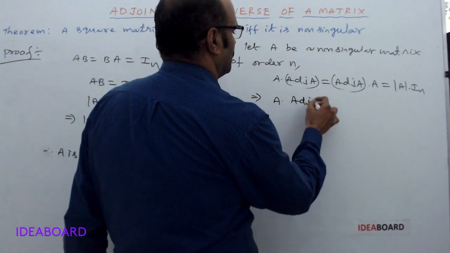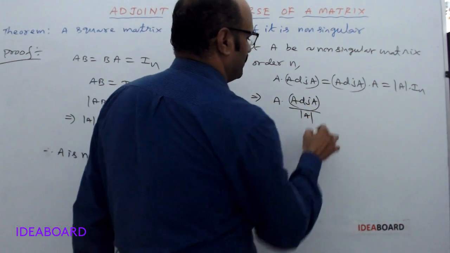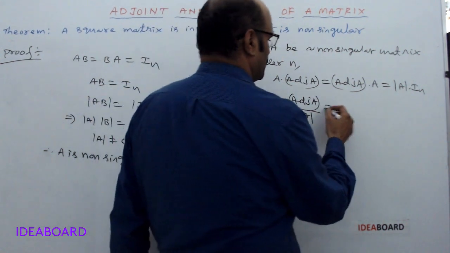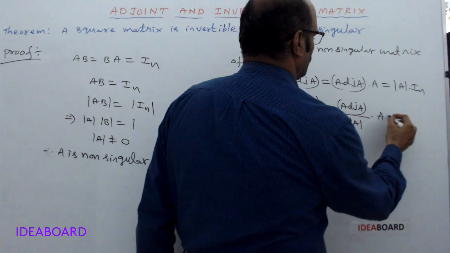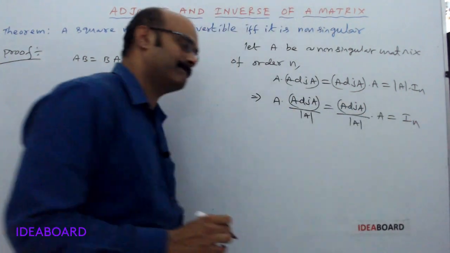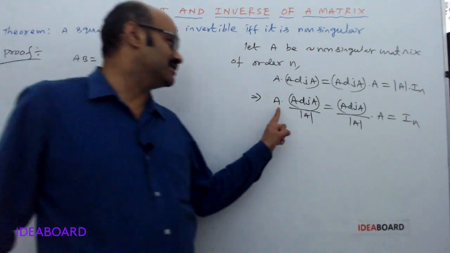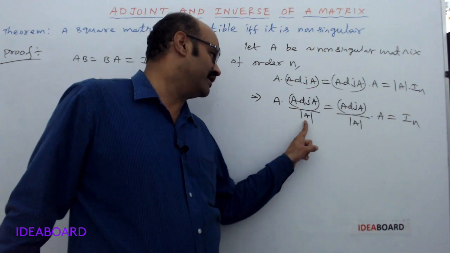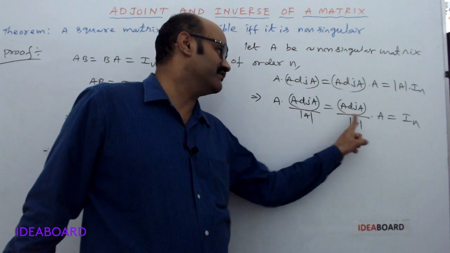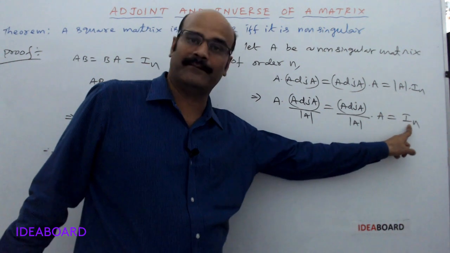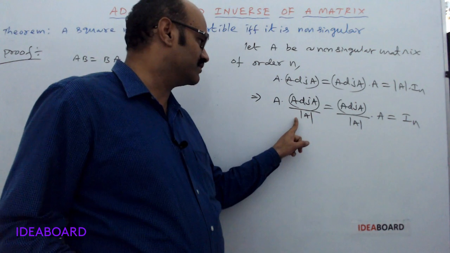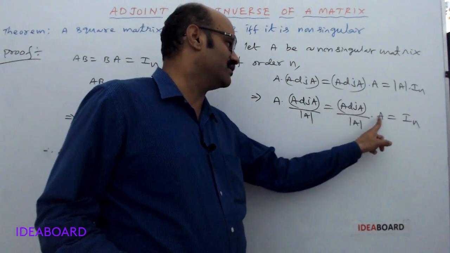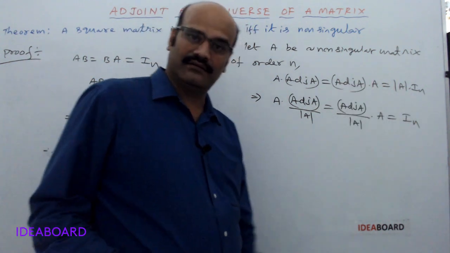Now take it as A into adjoint of A by det A equal to adjoint of A by det A into A equal to In. Now it is in the form of A into A inverse equal to A inverse into A equal to I. By the inverse of the matrix, we have A into A inverse equal to A inverse into A equal to In.